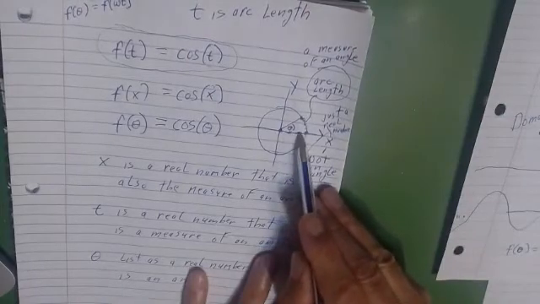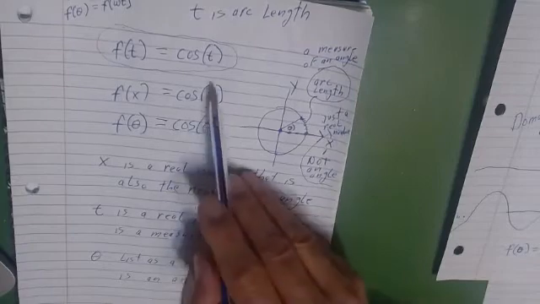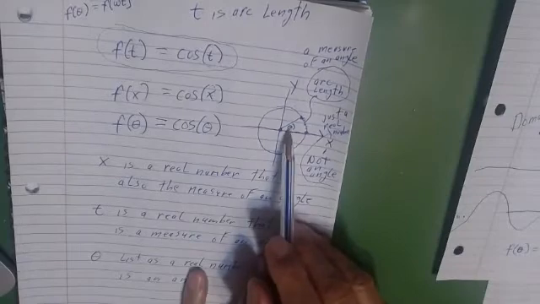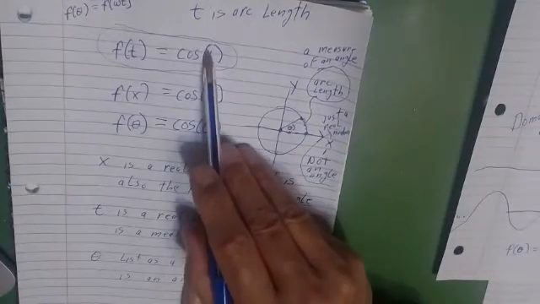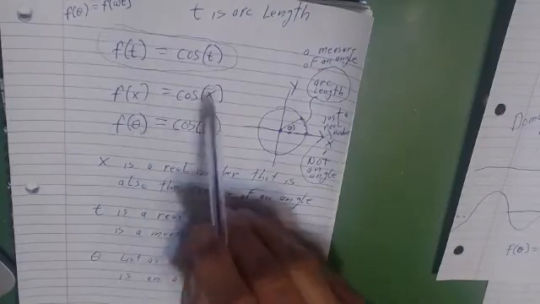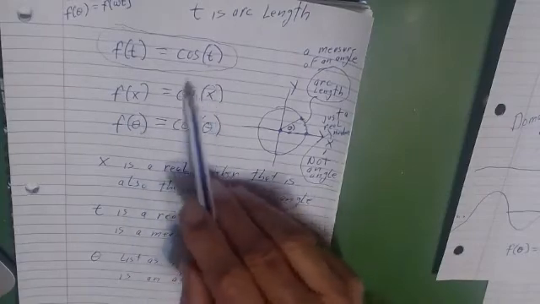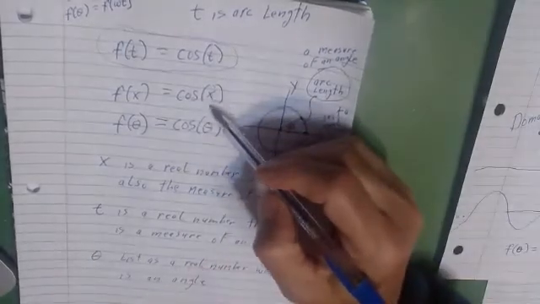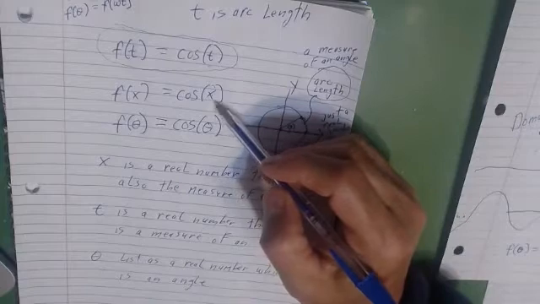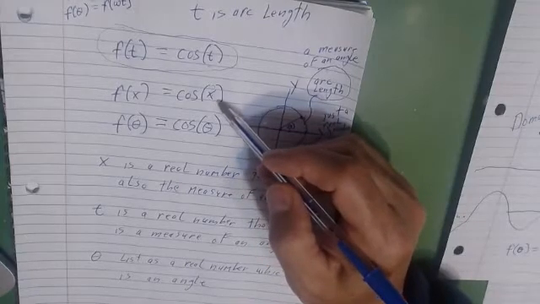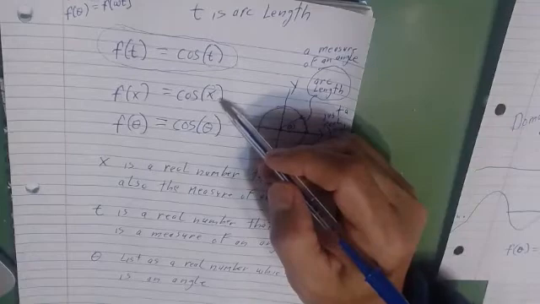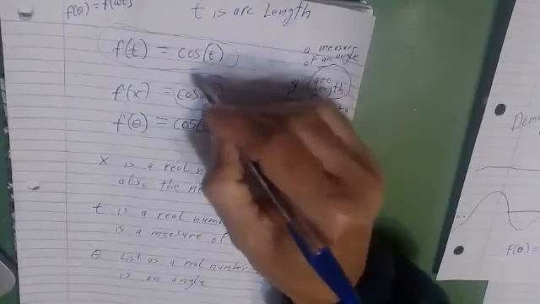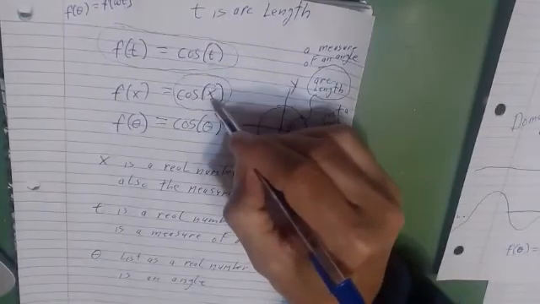X is the value on this axis. But if it's written this way, this X is the real number that represents this angle. So X would actually be the same thing as T here, okay? So I don't like writing this way for that reason. But in calculus, you'll see this a lot. You'll see all kinds of trig functions of X, cosine of X, sine squared of X, tangent squared of X. But whenever you have a trig function, whatever's in the parentheses is the angle.